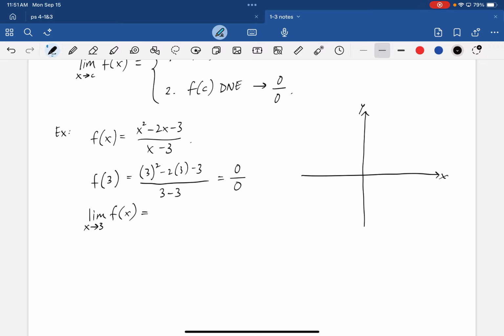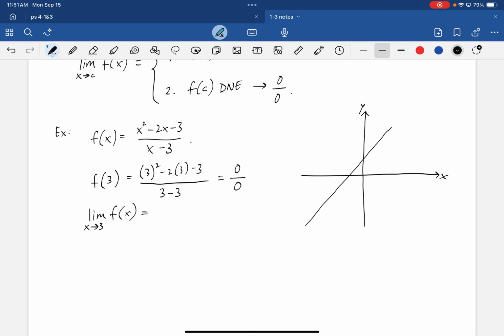Wrong. Any other guesses? Very good, a line. Who said that? Very good. It would be a line. Let me see, where would this line be? It would be here. It would be a line, but there's actually going to be a hole.